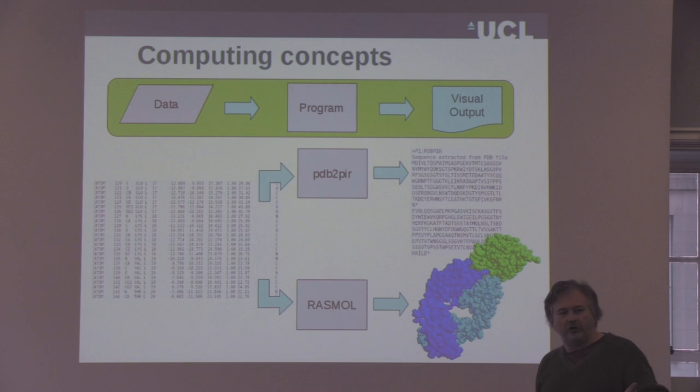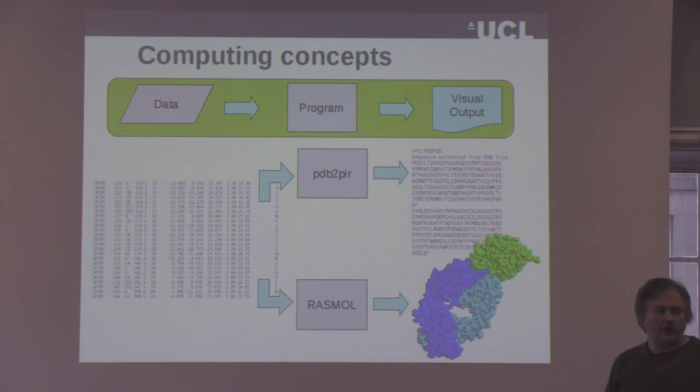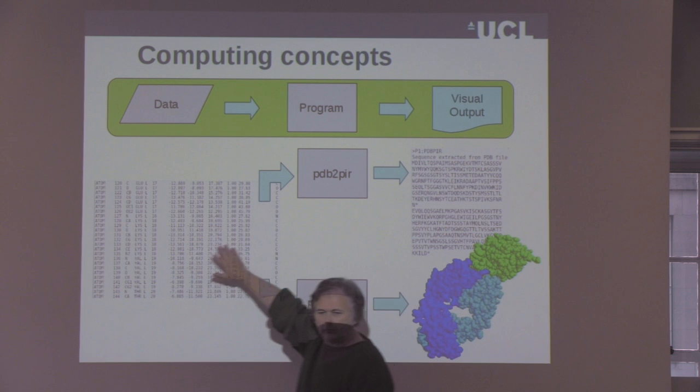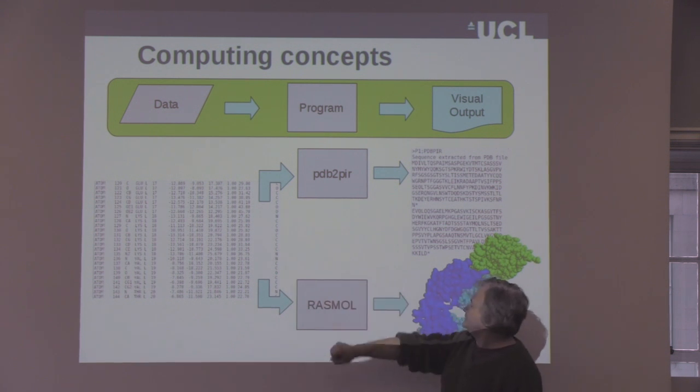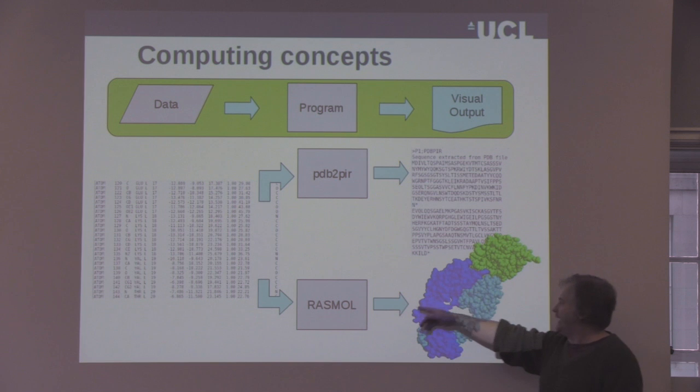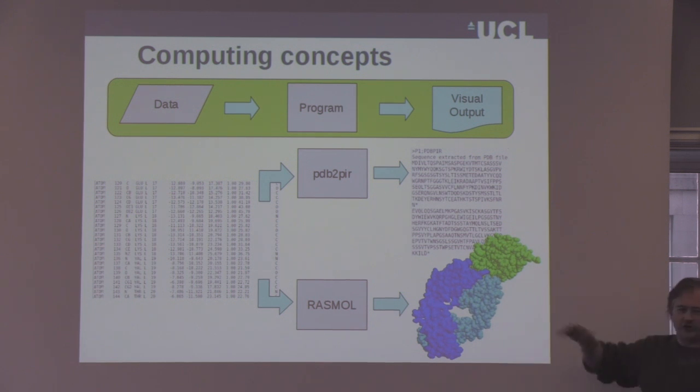In terms of Word, you might decide to use OpenOffice or LibreOffice instead of using Word to read that document. In this case, we're taking a PDB file, a representation of a protein structure, and here we're using Rasmol or PyMol or something like that to get a visual view of the structure.